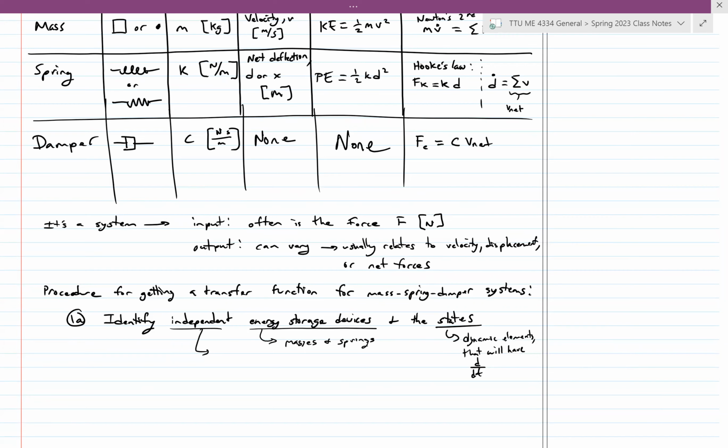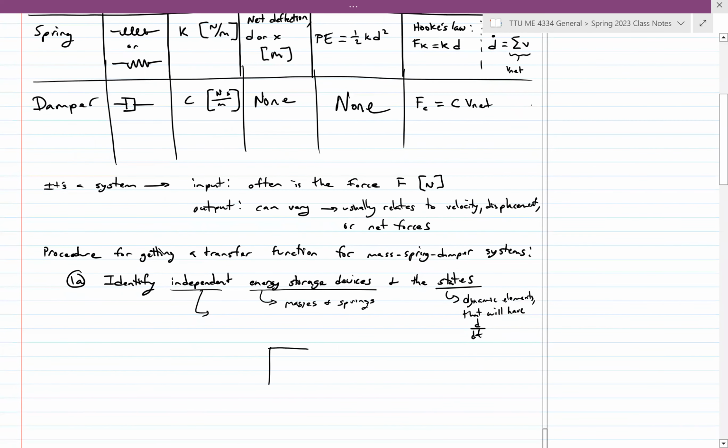How do you tell? If I draw this as a wall, this as a spring, and this as a mass, are these independent energy storage devices? Try again. Yes. This one has kinetic energy. This one has potential energy, right? They're two separate forms, right?